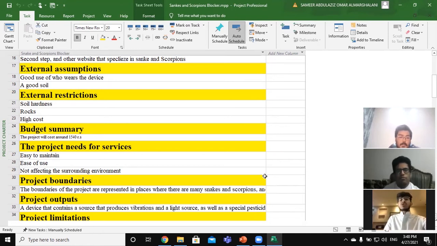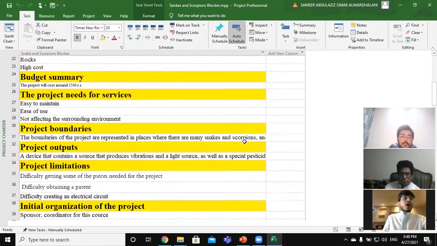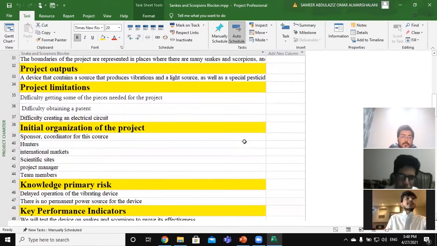Down, please. And also we have a project output: a device that contains a source produced from vibration, and the project limitations.